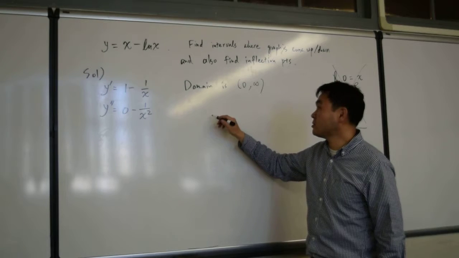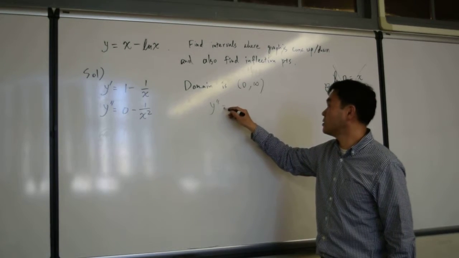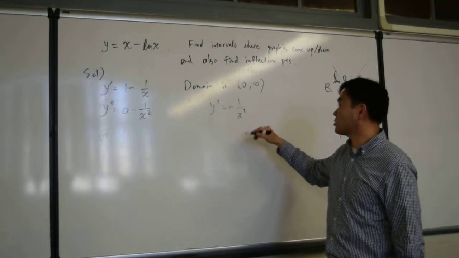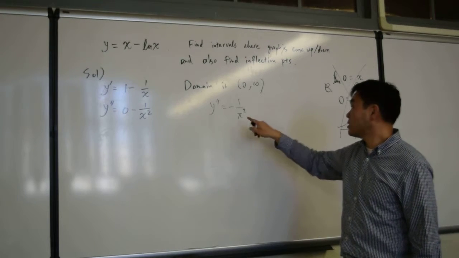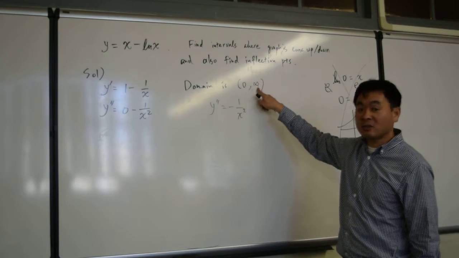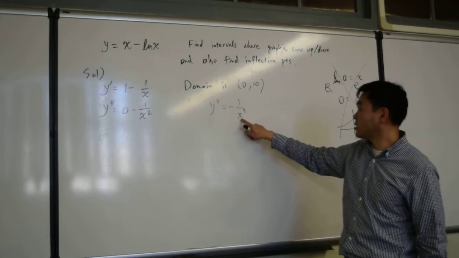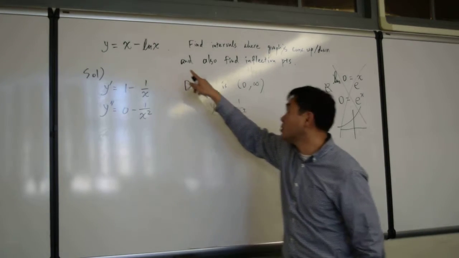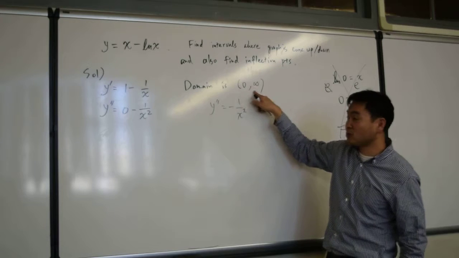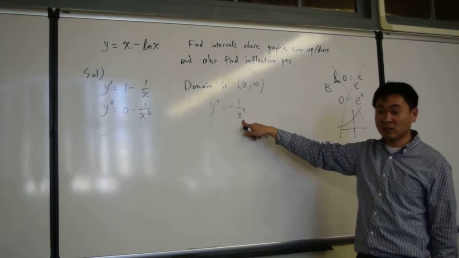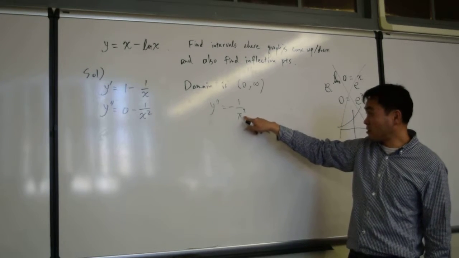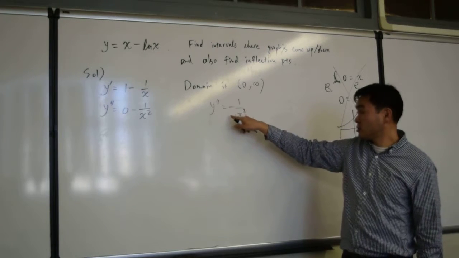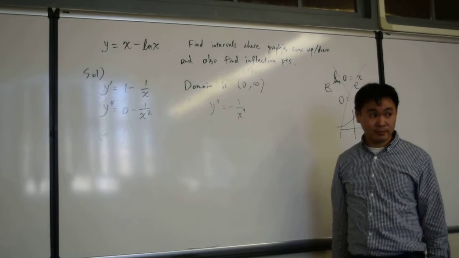Y double prime is negative 1 over x squared. If x is any positive value, since x is the input of this function, positive squared is positive, so overall, what's the sign of this thing?